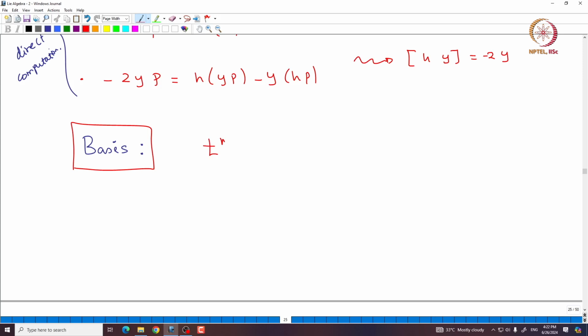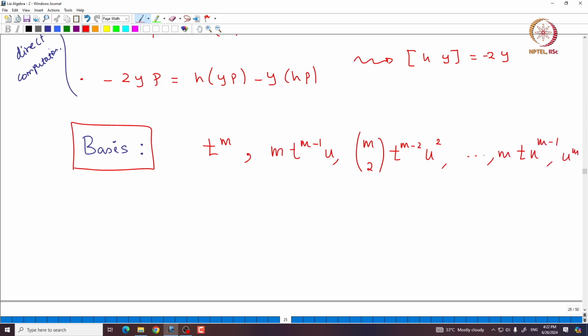We take t power m, then m times t power m minus 1 u, then m choose 2 times t power m minus 2 u square and so on, then m times t times u power m minus 1 and then u power m.